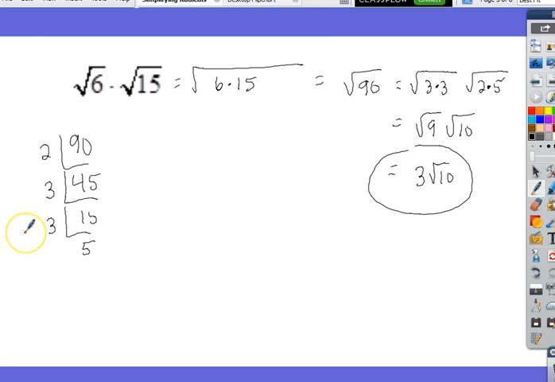Everybody okay with that? You need to be able to do this without a calculator at this simple level. There might be parts of a test where you get a calculator and there might be parts where you don't. Some calculators, you could type in 6 times 15 and it would give you the simplified radical answer.